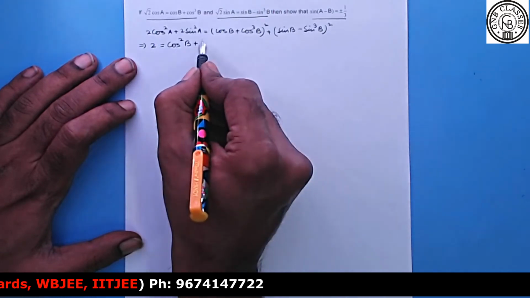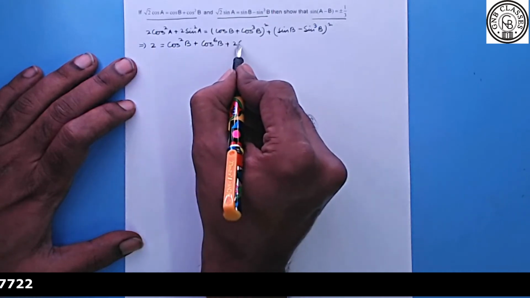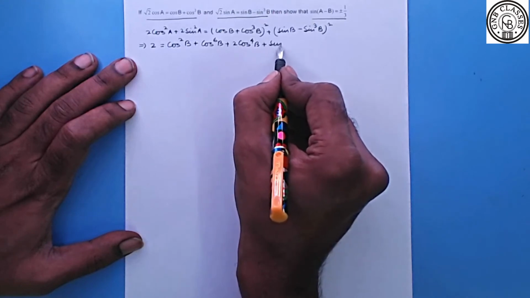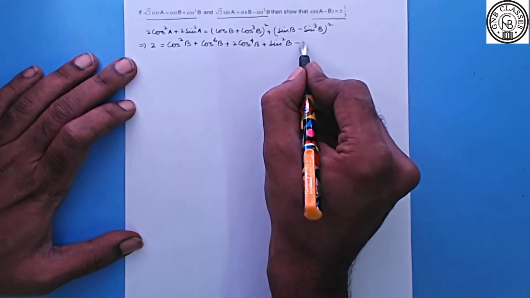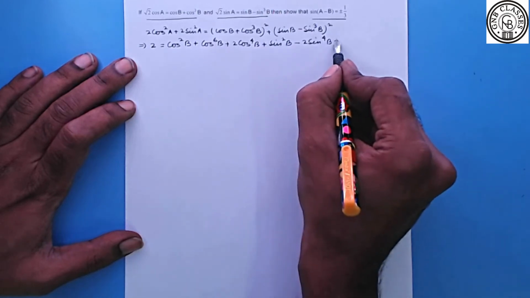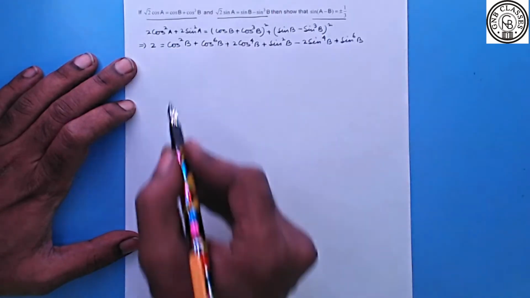cos square B plus cos to the power 6B plus 2 cos to the power 4B plus sine square B minus 2 sine to the power 4B plus sine to the power 6B. Is it clear?